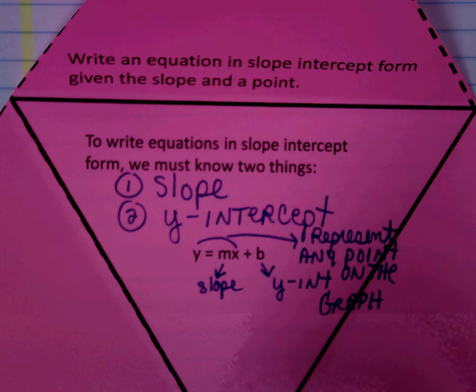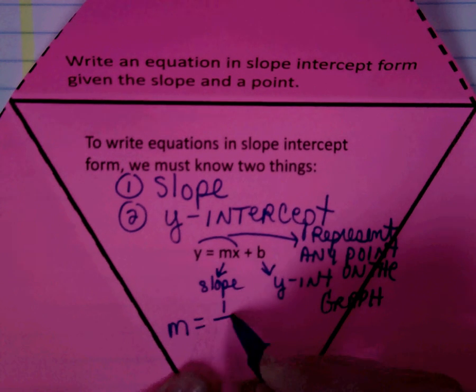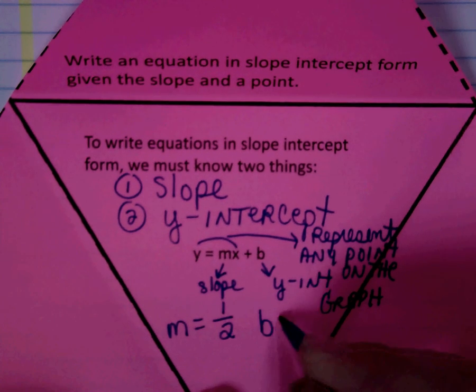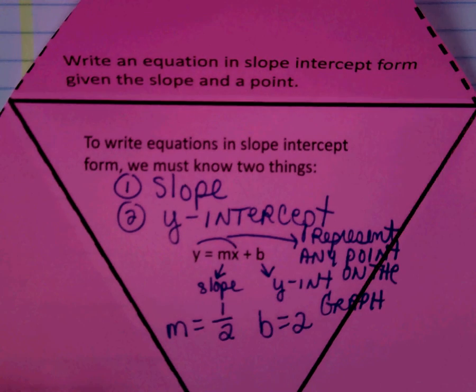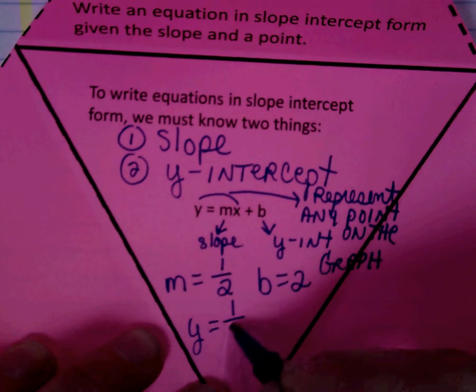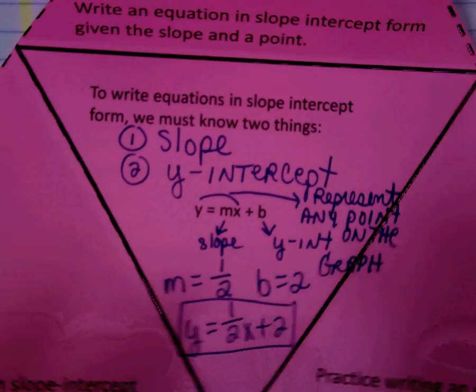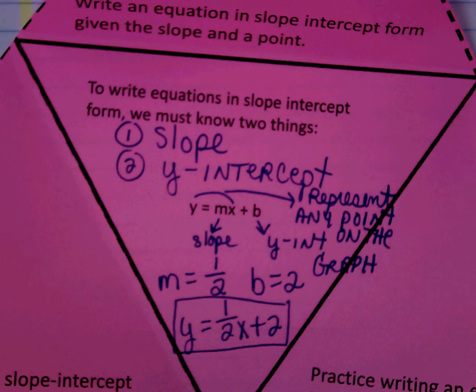So just a real quick example, if I tell you that the slope is 1/2 and I tell you that the y-intercept is 2, then we very easily can write an equation: y equals 1/2 x plus 2. There's our equation in slope-intercept form. We've already been doing a lot of that in class, so that should be familiar.